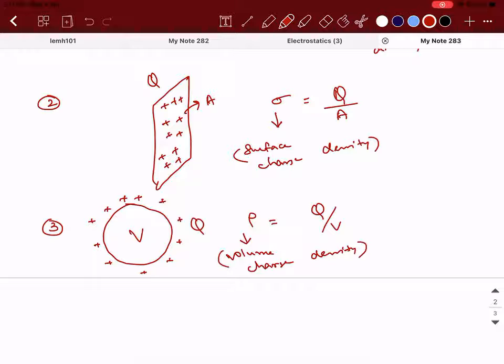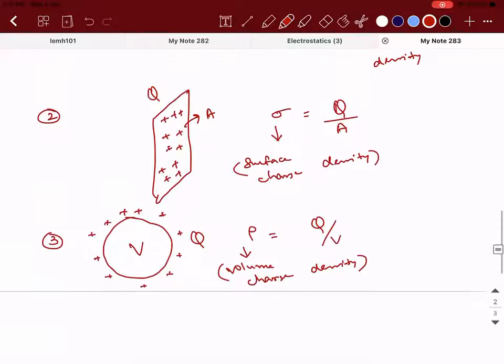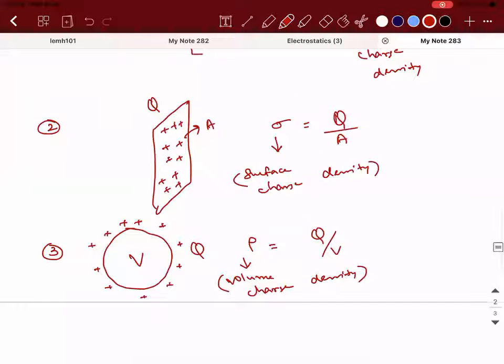Is that clear? If you're clear with all these concepts, we'll proceed with the derivation. Any doubt in this? Okay. So shall we start applying Gauss law?